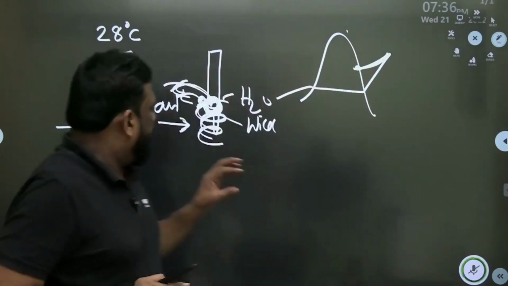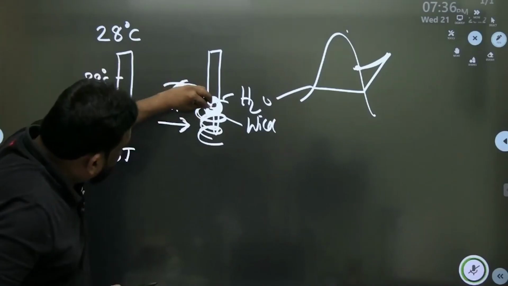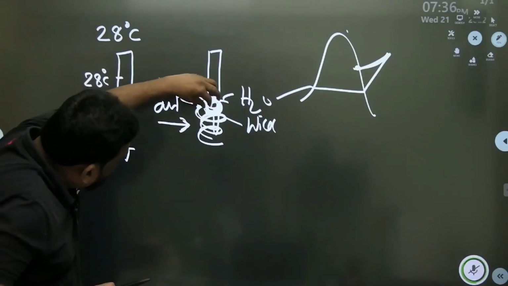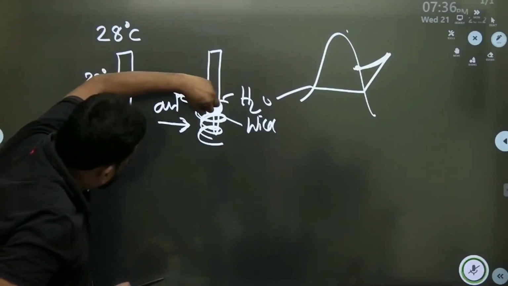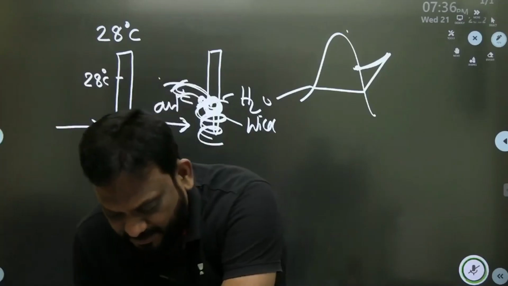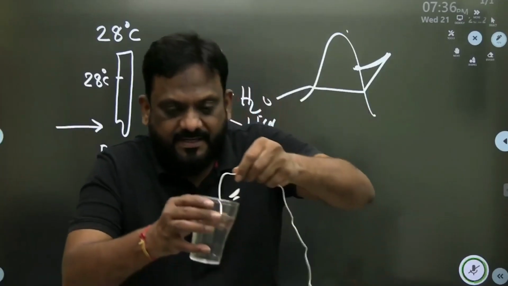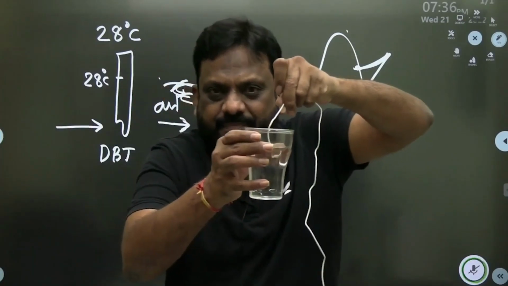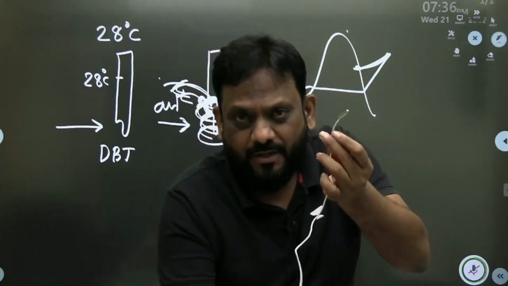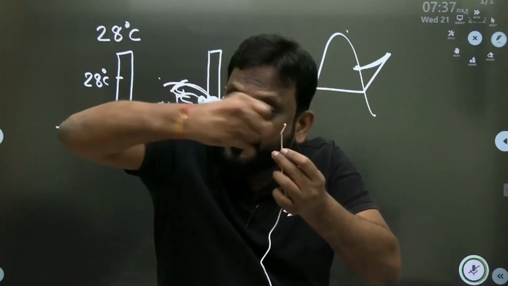Now, please observe that this moisture, this water, is getting evaporated. When it evaporates, it is absorbing heat from inside, and when it is absorbing heat, the temperature is dropping. That's why you have seen this when I kept it inside like this. When I removed it, the air is absorbing moisture.